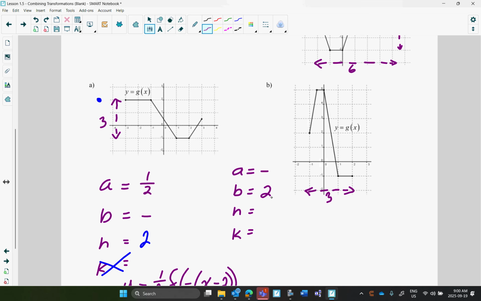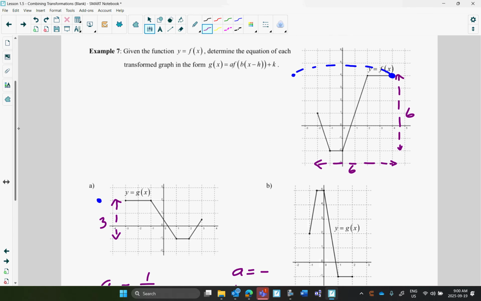We just got to do the shifts. So let's go back up to this point. And I'll make sure I do it right. Okay. I'm going to use the same point. So it's been flipped vertically. So it's 4 above the x-axis, so it's going to be 4 below.